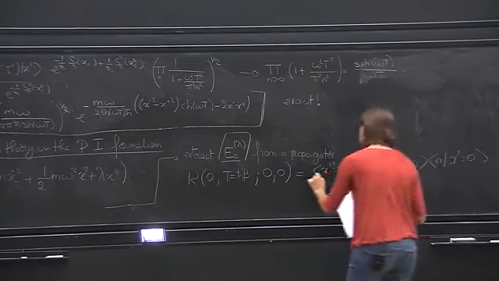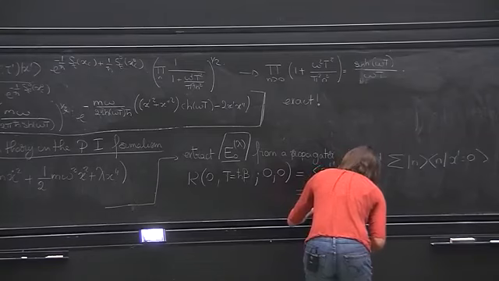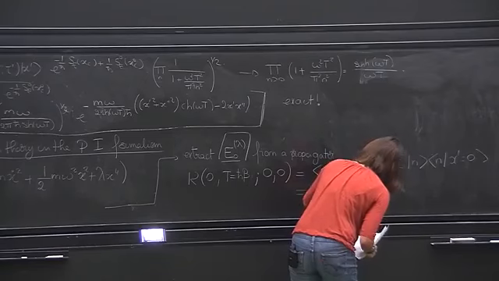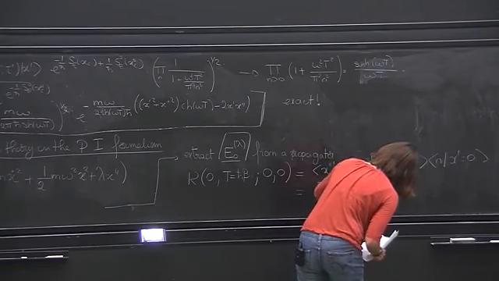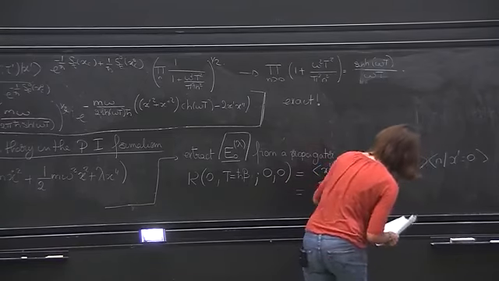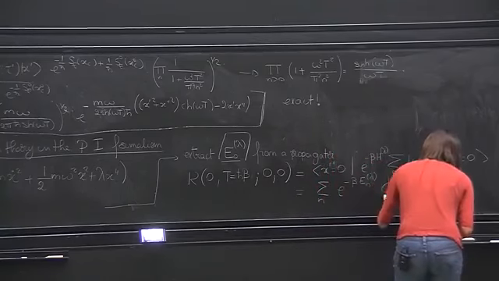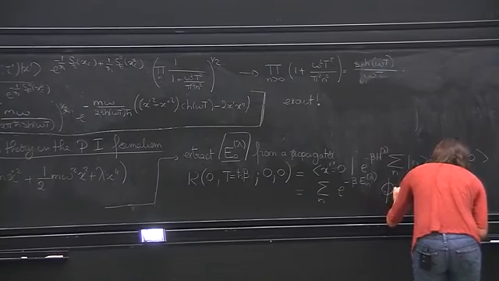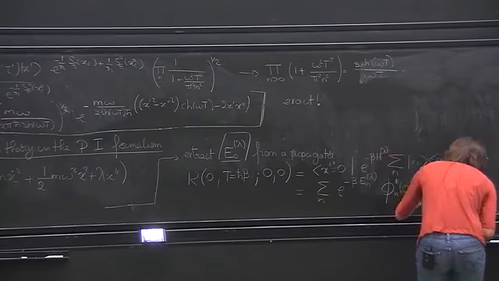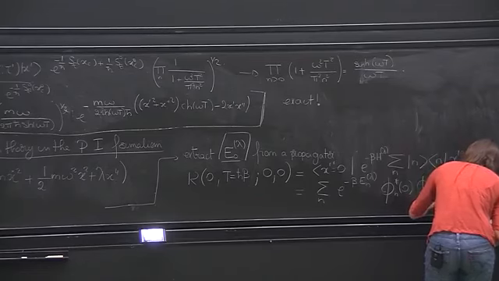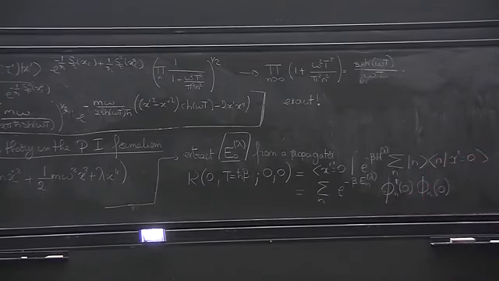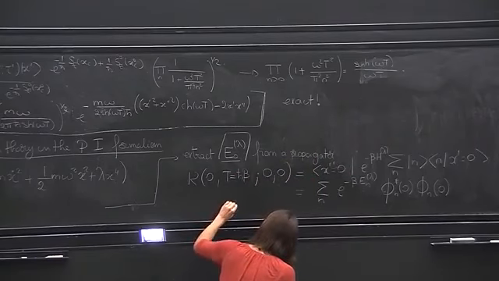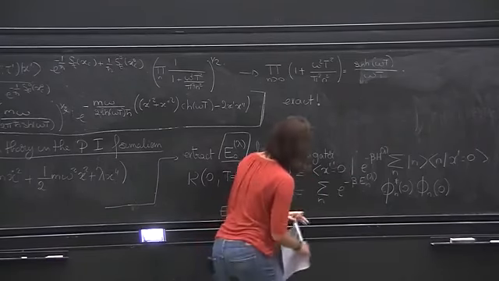And so indeed, this can be written as a sum over n, where here I'm going to get e to the minus beta En, if here it's the one with lambda, times a product of eigenfunctions. And so from here you can extract E0.